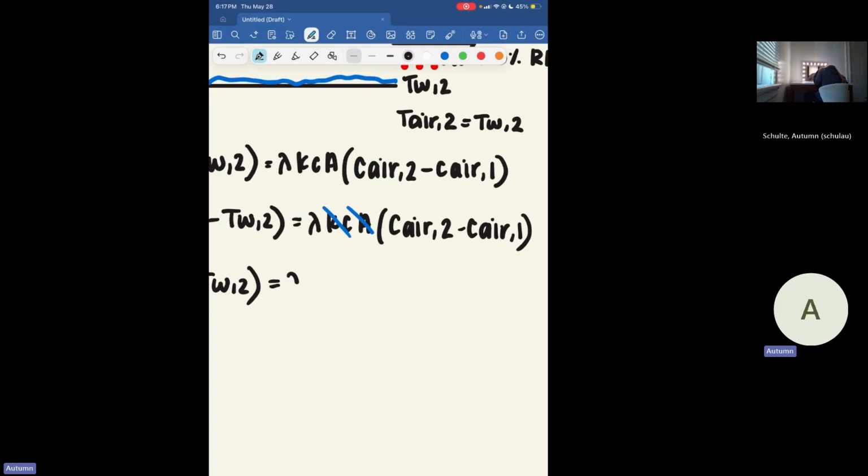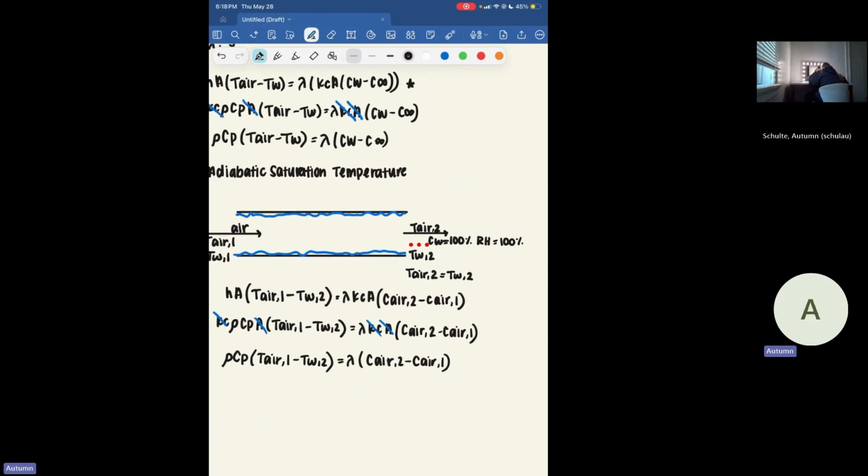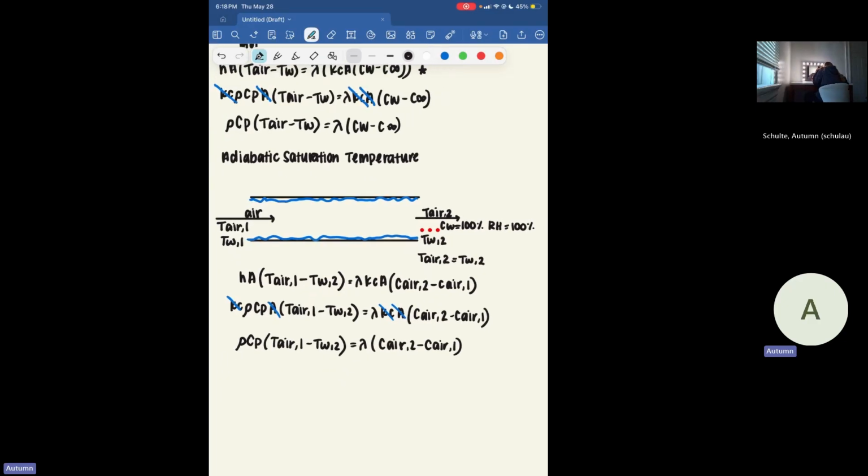This is equal to the enthalpy of vaporization multiplied by the concentration of the air that is leaving minus the concentration of the air that is entering. And so as you can see, we have pretty similar equations between both of these.